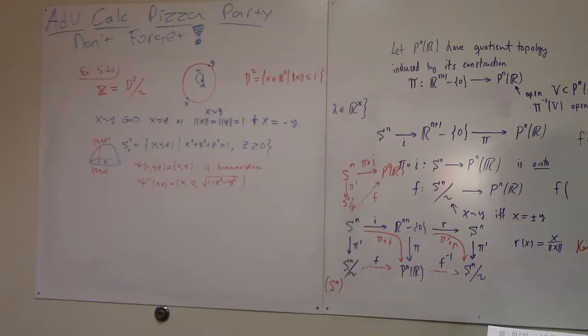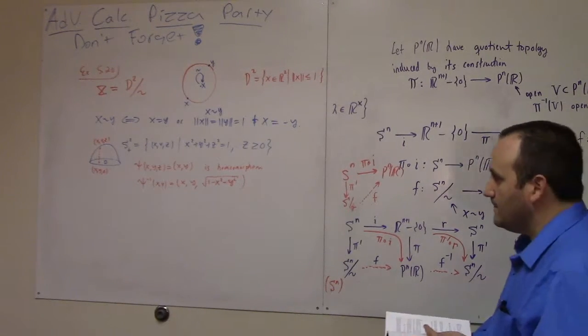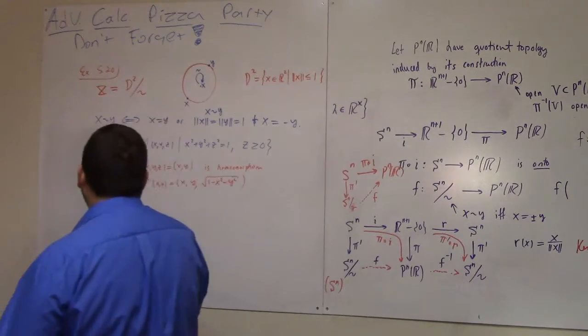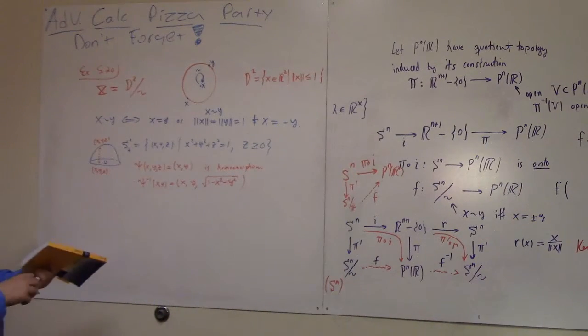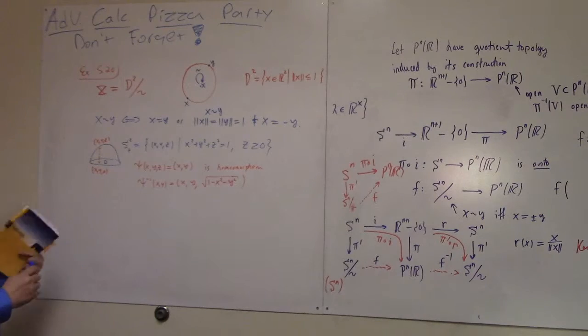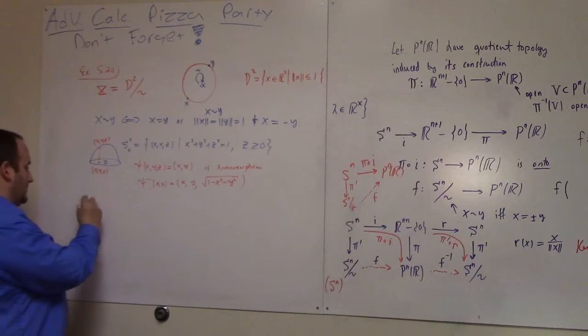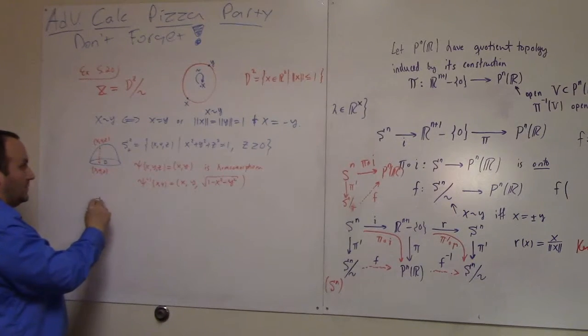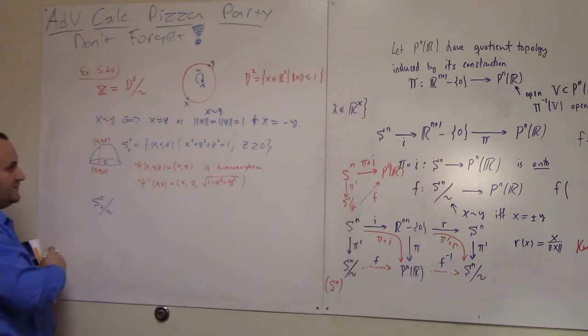X is homeomorphic to S2 plus mod the antipodal identification. So he says we take S2 plus mod the antipodal equivalence of the sphere.